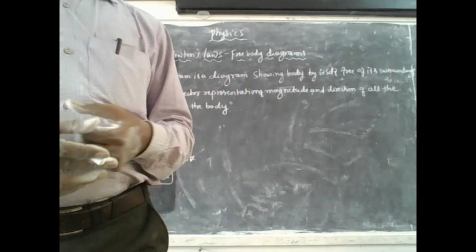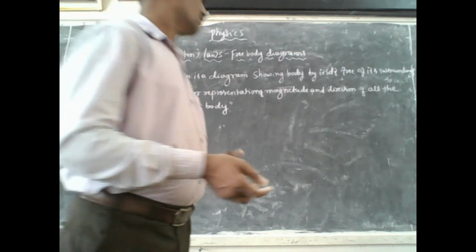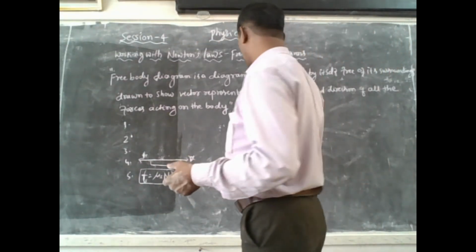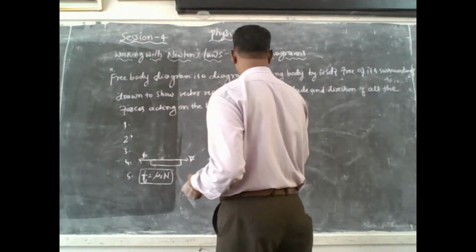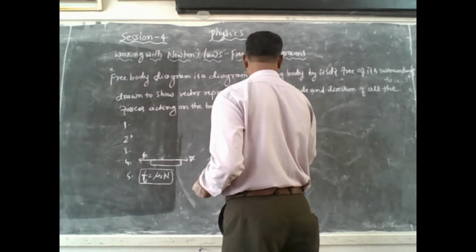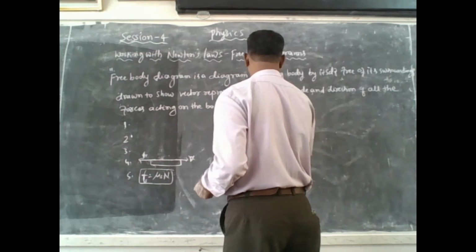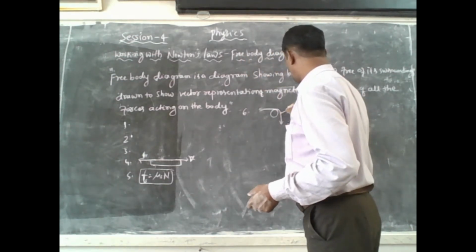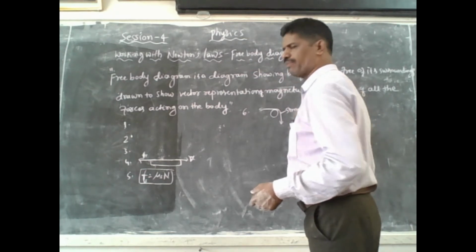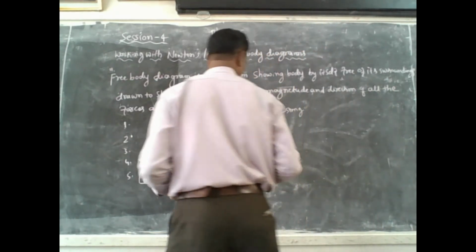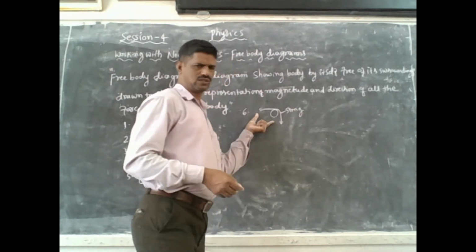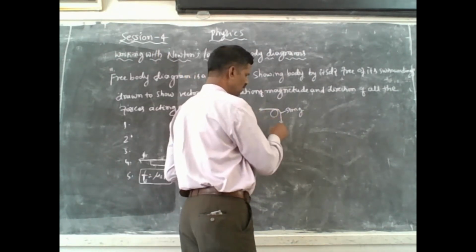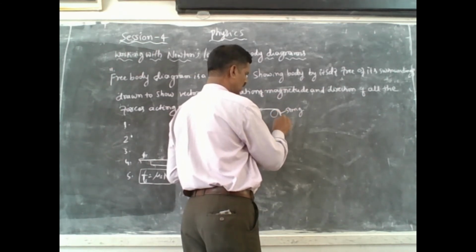And the sixth point is, if a string or rope is passing over a pulley, the tension force is developed by the bodies on the string.